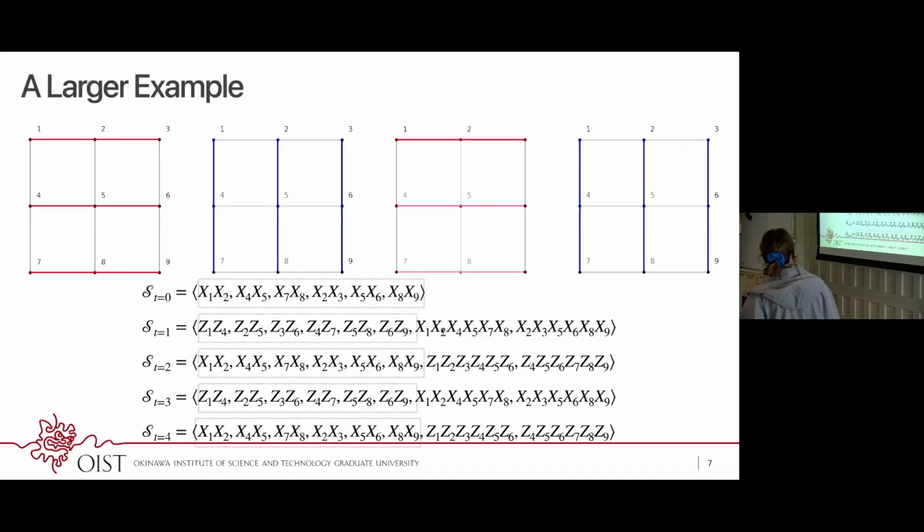In the 2x2 case, the surviving stabilizer acts on 4 qubits, and in the 3x3 case, it acts on 6 qubits. In general, the size of the surviving stabilizers grows linearly with the size of the code.